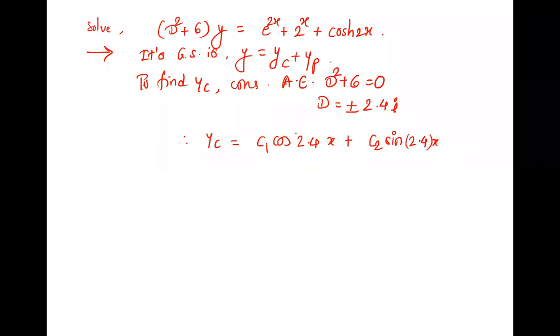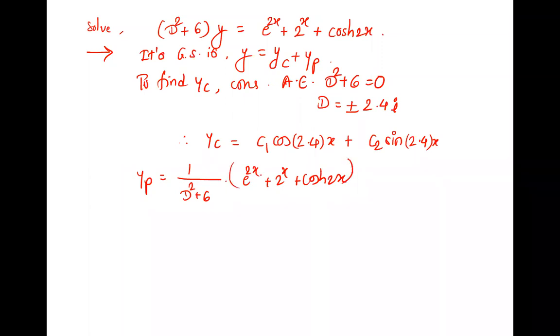This is your YC. Is the root correct? Anyone getting something different? Please tell me. And YP is, we'll define YP as 1 upon phi(D), that is D square plus 6, into the right hand side function, e raised to 2x plus 2 raised to x, whatever the function is, we'll write it here.